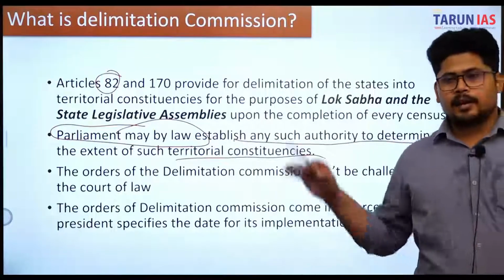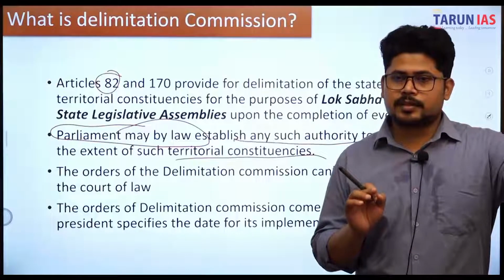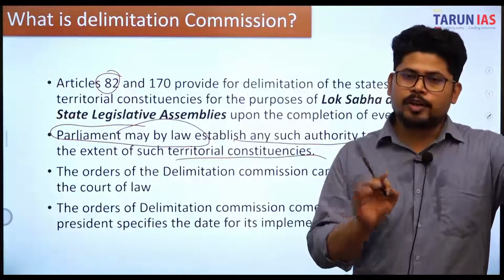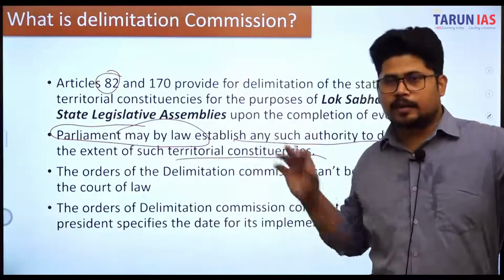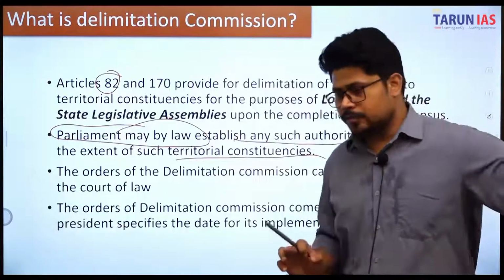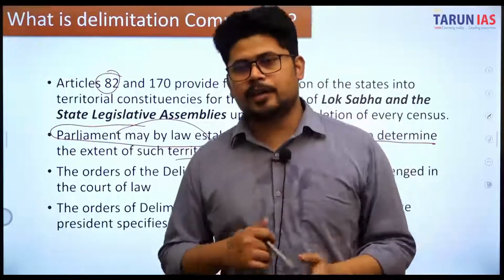Under Articles 82 and 170, the power to form a boundary commission has been given to Parliament. Parliament may by law, it is not the executive. The government will not make a delimitation commission, the Parliament will make a delimitation commission.